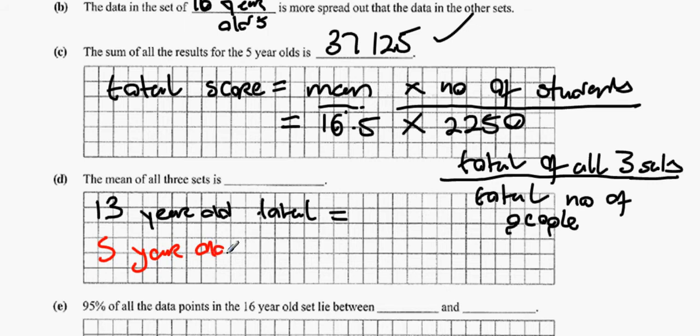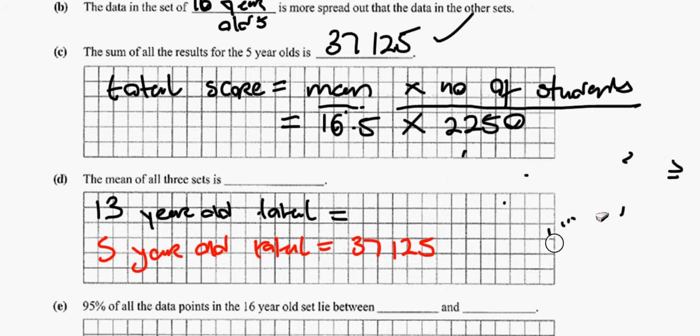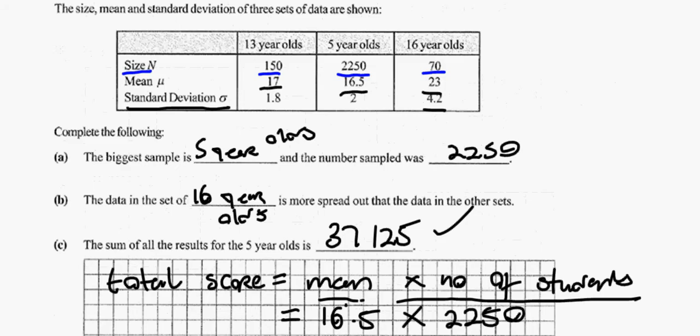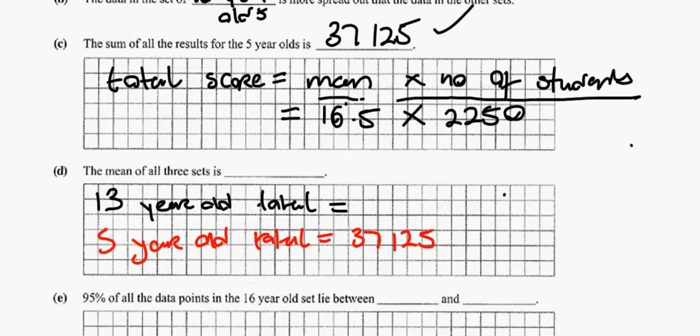So the 5-year-old total is going to be 37,125. The total of the 13-year-olds, we're going to just multiply the average, which is 17 by 150. And 17 by 150 is 2,550.